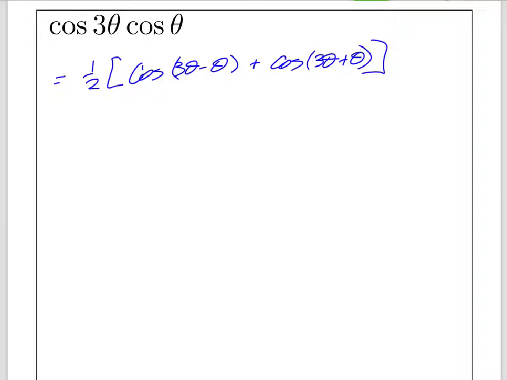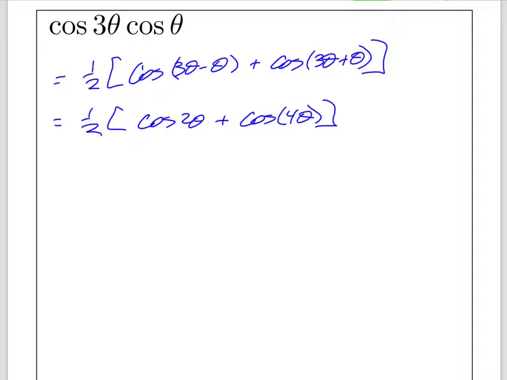So all I did was plug it into the cosine A times cosine B formula. So that means we get 1/2 cosine of 2 theta plus cosine of 4 theta. And we have done what the problem asked us to do.